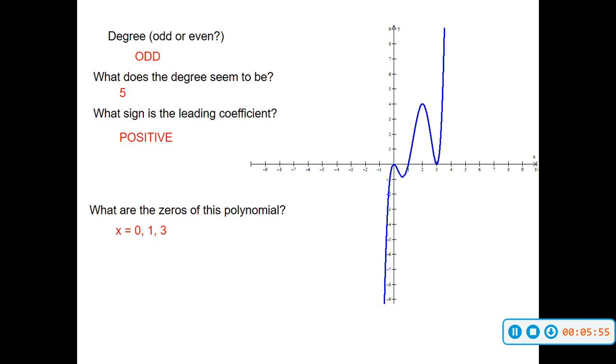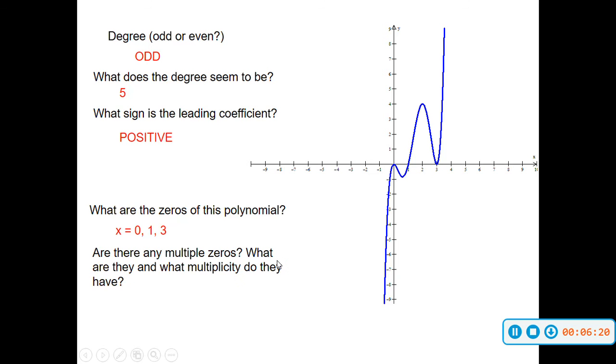So technically, we should list 0 twice. The other place that it bounces off the x-axis is over here. As I'm continuing to trace, I get to 3, it bounces off, turns around, and goes the other direction. So 3 could be listed twice as well. So if I do 0, 0, 1, 3, and 3, that gets all 5.